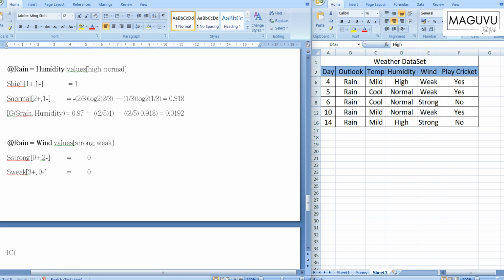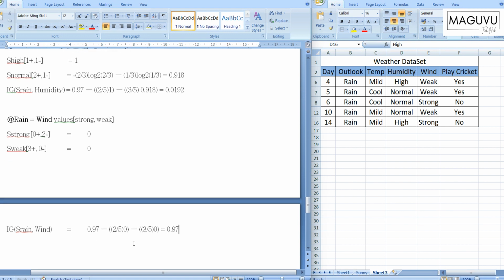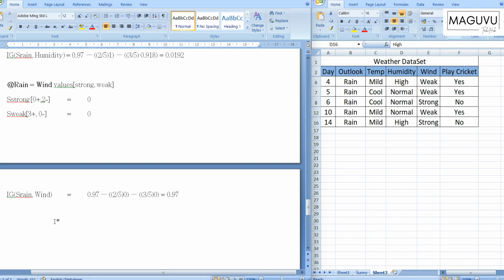Then we go on to calculate the information gain, where we are standing at rain and we are considering wind, and with our value of 0.97, what we are going to have there is 2 divided by 5 multiplied by 0, and we also do the same for the weak, which gives us 3 divided by 5 multiplied by 0 to give us a value of 0.97.